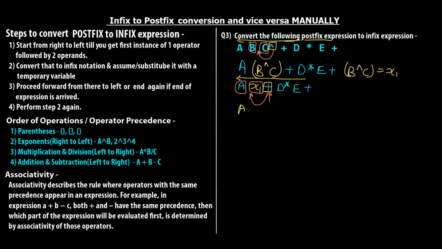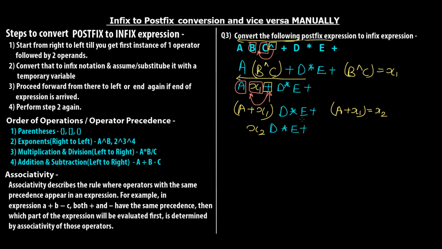We will get a plus x1, because plus sign comes in between in infix format, and the rest of the things remain as they are, that is d star e plus. Then we assume a plus x1 as x2. So we get x2 d star e and plus.